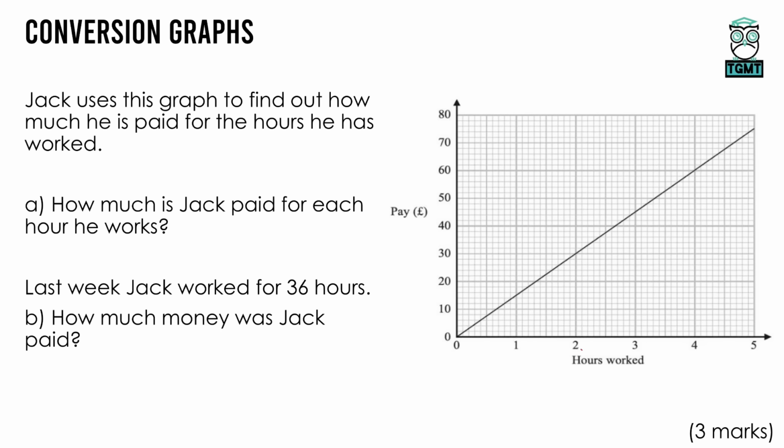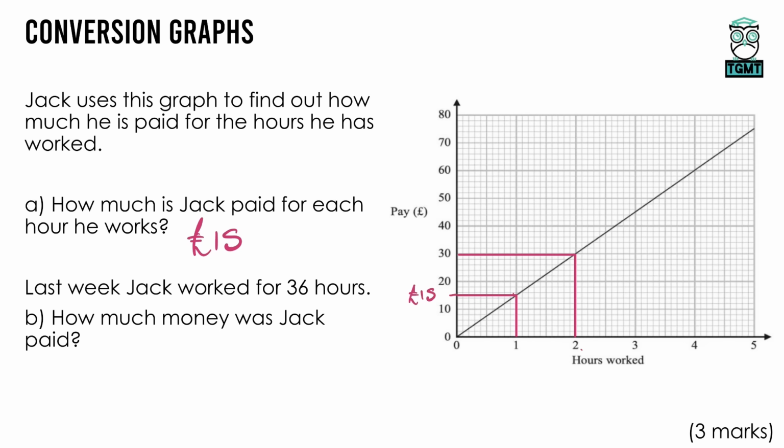Now I've just spotted as I go up from 1, that doesn't really land on the nicest of numbers. Now you might argue that that's quite clearly in the middle, but actually going up from 2 lands on a really nice whole number there. It lands on 30. So it doesn't really matter which one you use, but we do get therefore £15 for 1 hour. So our final answer is £15.